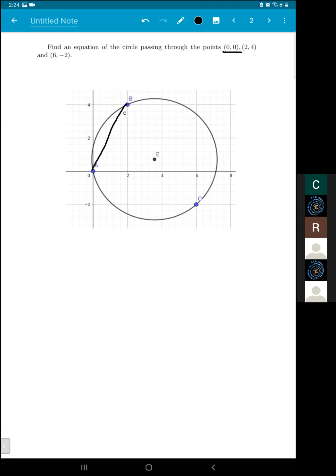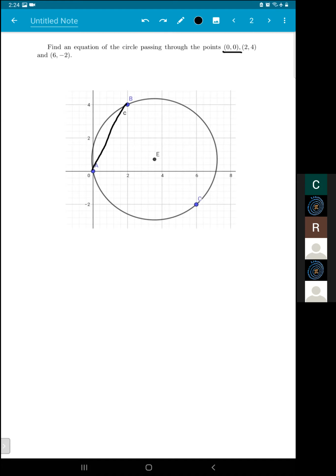How would that relate to this? The center. The perpendicular bisector, did you review that already? How to get the perpendicular bisector? I hope.